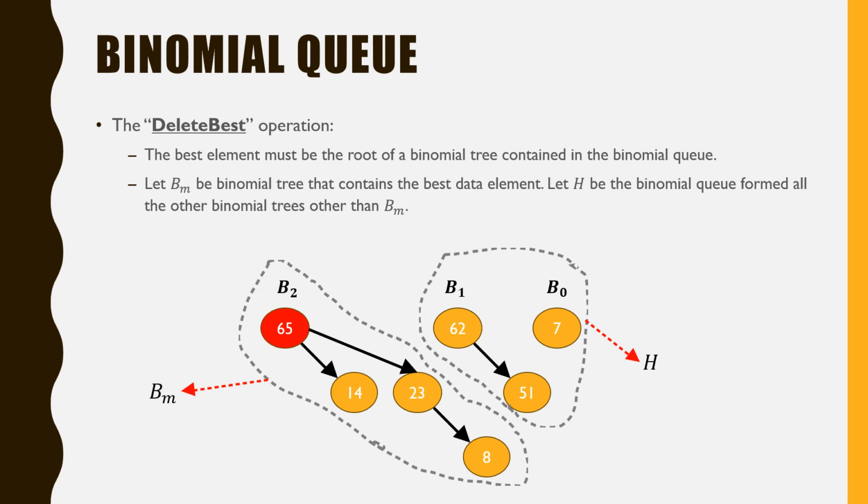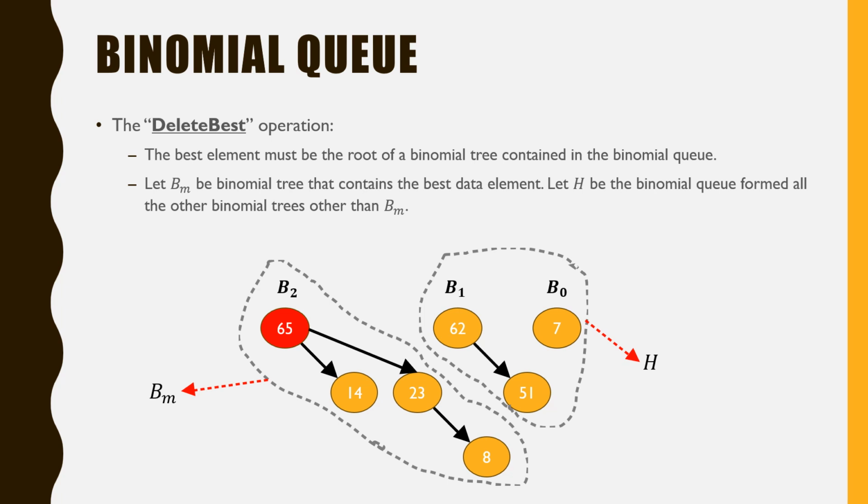To analyze the time complexity for the delete best operation, recall that the best element is always located at the root of a binomial tree. For example, in the binomial Q shown here, the best element, 65, is located at the root of the binomial tree B2.